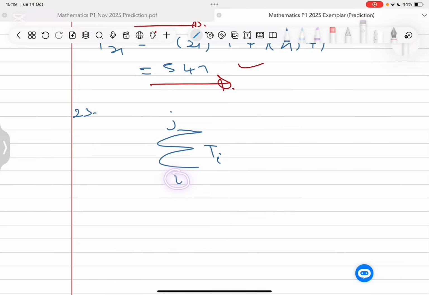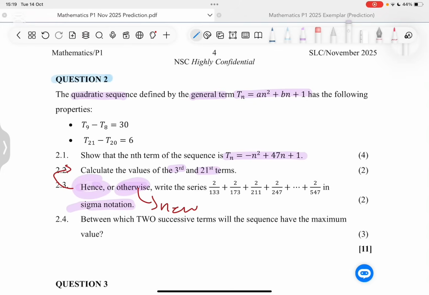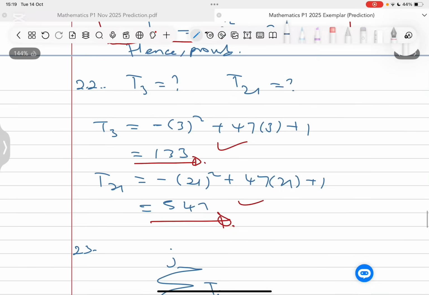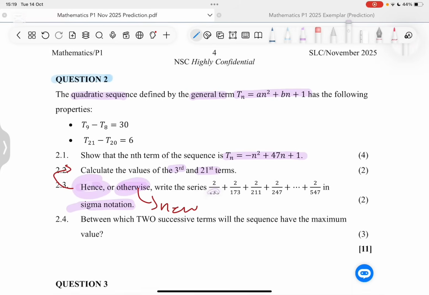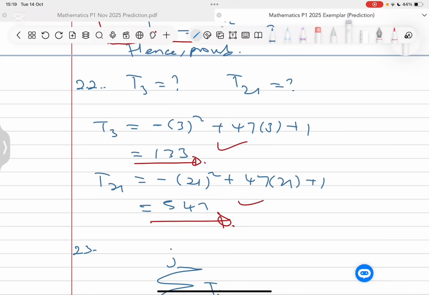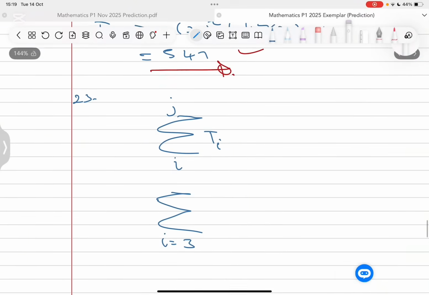This is where we start our terms, this is where we end our terms. Now this sigma notation will develop into i equals 3. Why 3? Because if you look at our previous term here, when we put 3, we get 133. So if we put a 3 here, we get the 133, which is what is here. So that means I'm going to start at i equals 3.